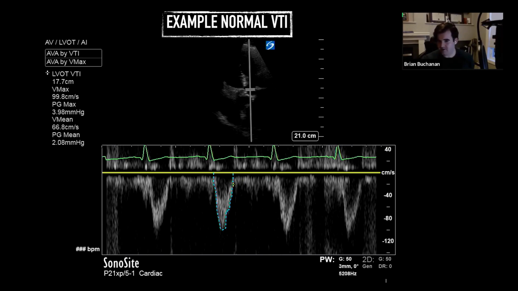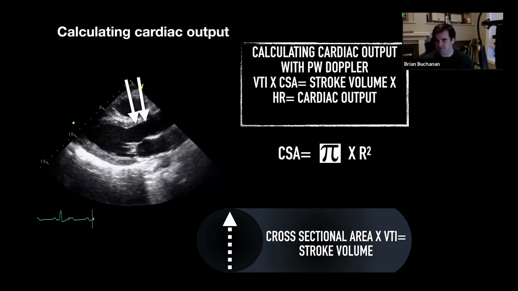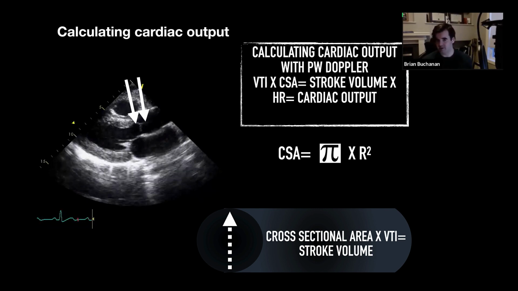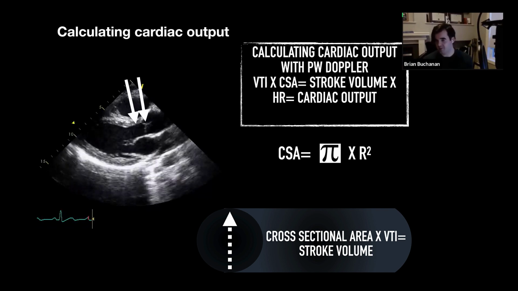Now, as you alluded to, this VTI is helpful alone, but it also can be transformed to cardiac output. And I think this is the part where there is lots of debate, because the question always becomes where do you measure? So obviously in our parasternal long axis, as you mentioned earlier, it really depends on where that sample volume was placed. If it's placed in the outflow tract within a centimeter of the valve, then that's where you should be measuring.